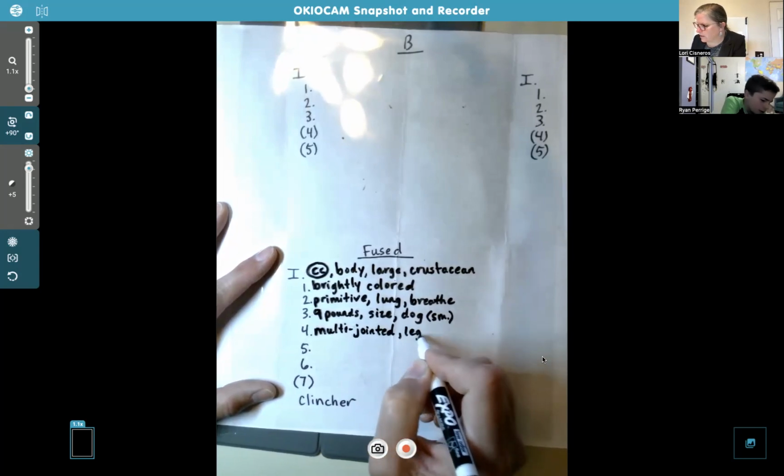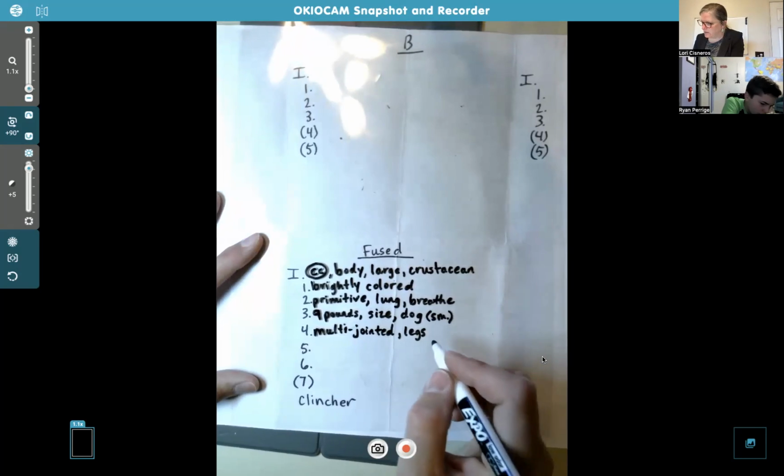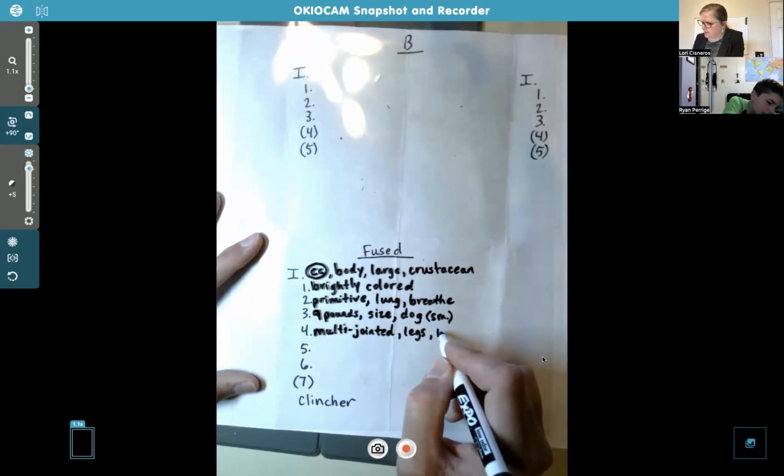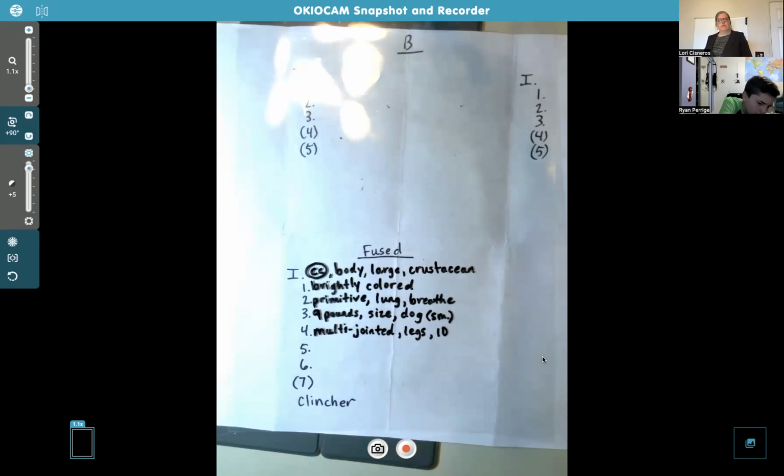And I think they actually have 10 legs, so you could actually put 10, describing how many legs it has. Crazy that it has 10 legs, so 5 on each side. That's very bizarre.